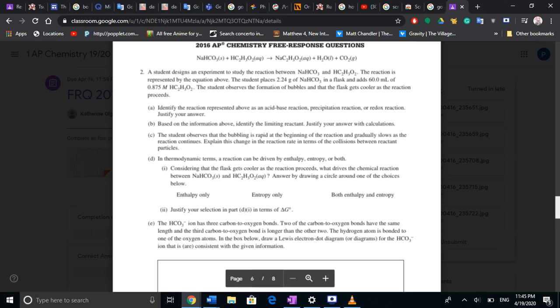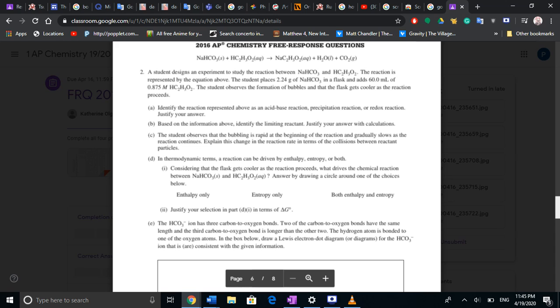But looking at it from here, it doesn't appear as if a change in oxidation numbers has occurred. I think that's an acid-base reaction simply because, on our reactant side, we have an acid.